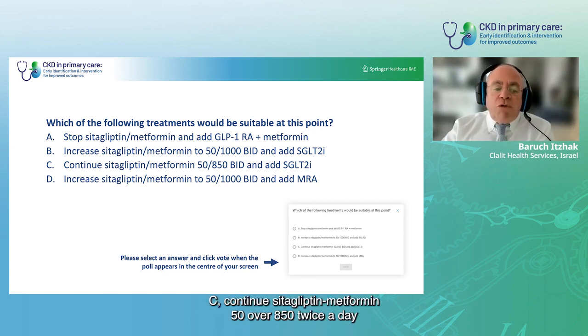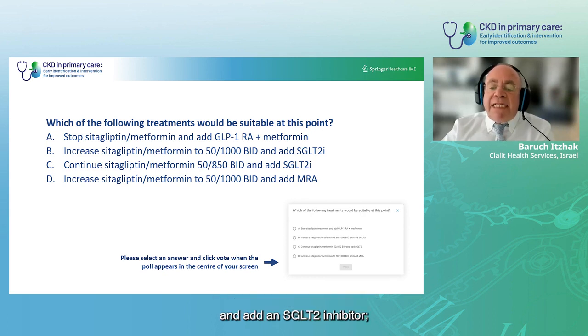C, continue sitagliptin metformin 50/850 twice a day and add an SGLT2 inhibitor. Or D, increase sitagliptin metformin to 50/1000 twice a day and add a mineralocorticoid receptor antagonist. So please vote.